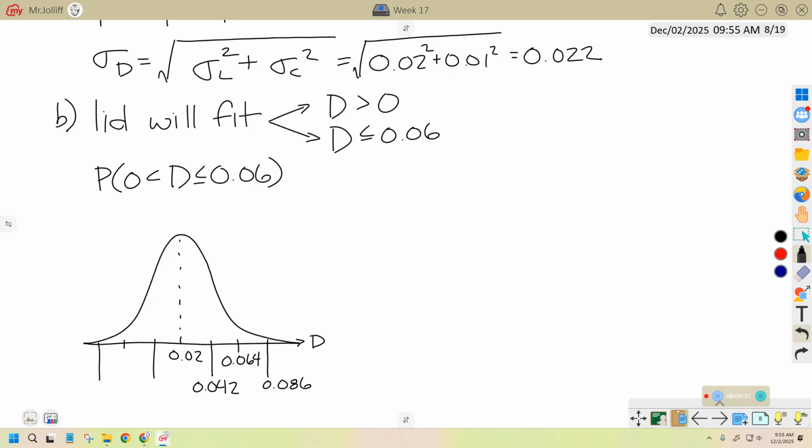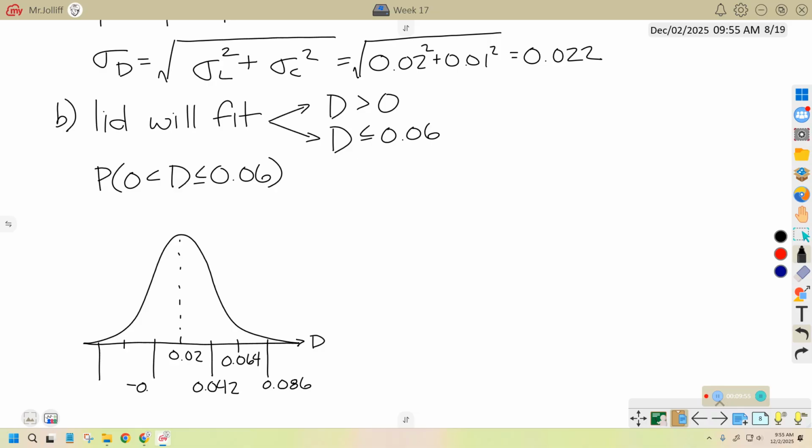Going backwards, I'm subtracting 0.022. So that's going to be negative 0. Oh my gosh. I can do this in my head, but I'm not really awake.